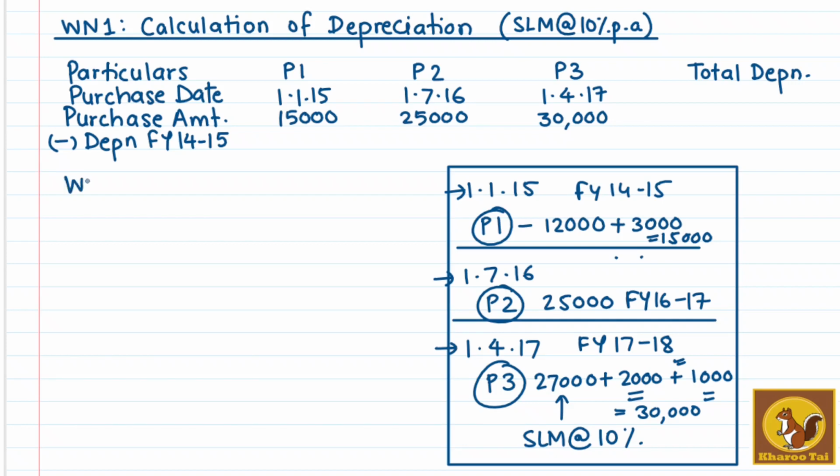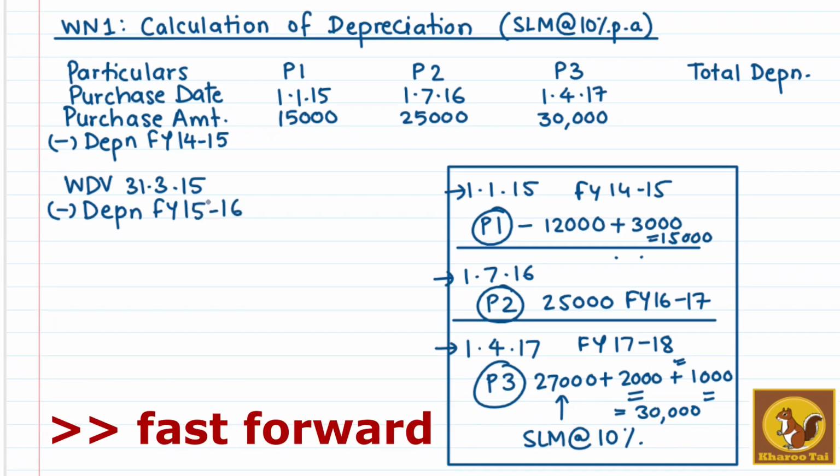Then we will get WDV as on 31st March 2015 at the end of the first year. Then we will deduct depreciation for financial year 15-16, one line for working, then WDV as on 31/3/16.